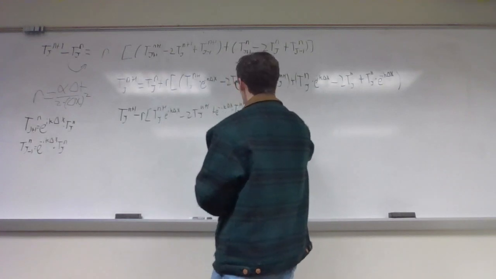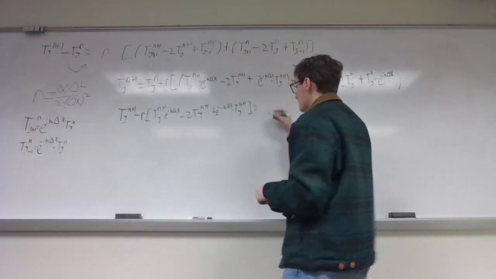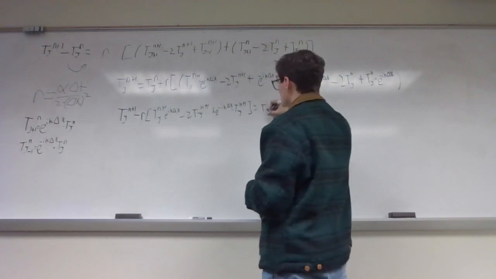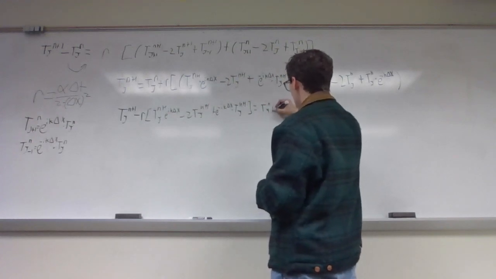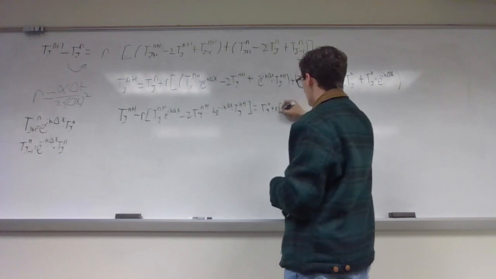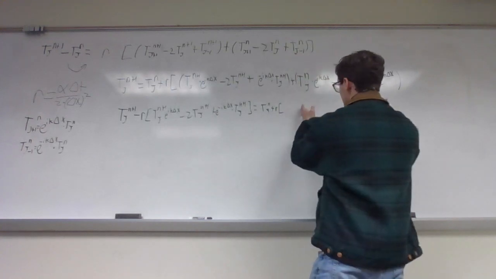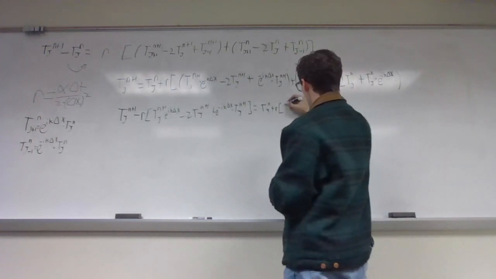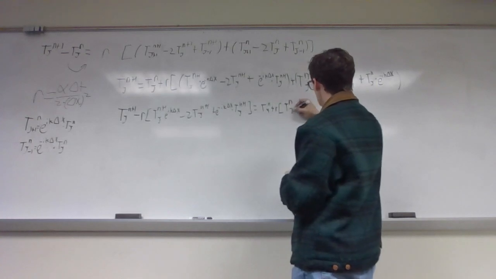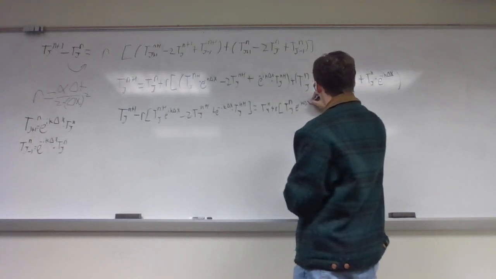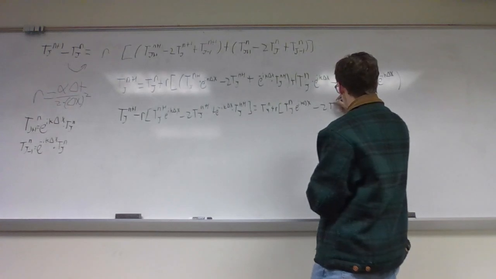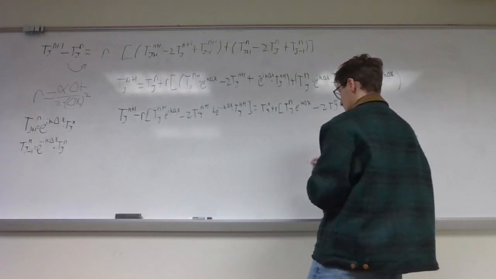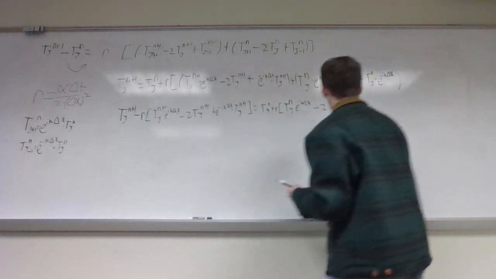I know this is ugly. This is just so we can get to the next step. Then we have tjn r, and then this fun bunch over here. We should have t n j e I k delta x minus 2 t j n.